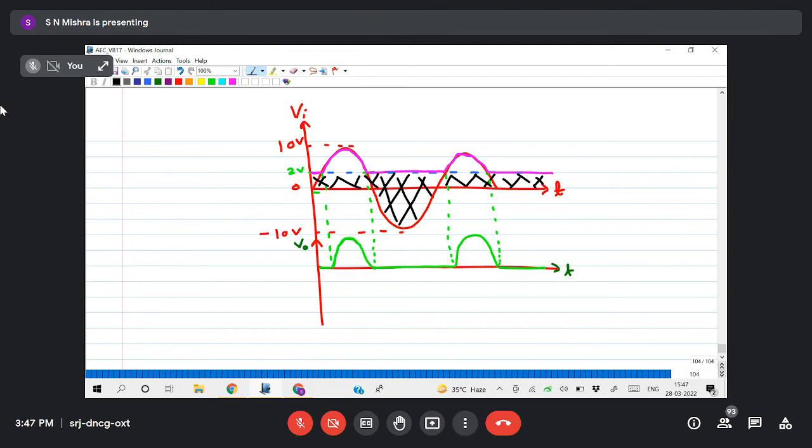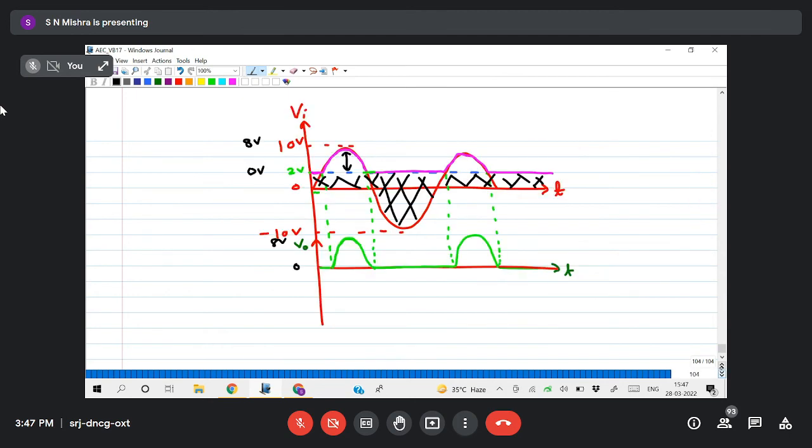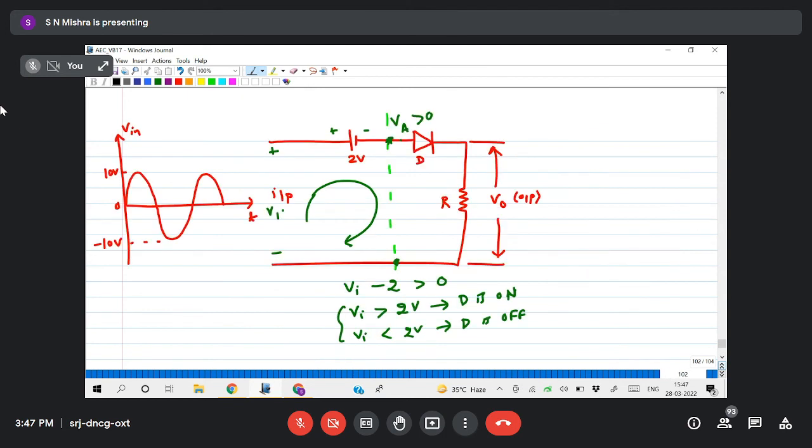So what is the voltage from here to here? 2 to 10 means how much? 8 volt. So actually in the output, 2 volt is changed to 0 volt, 10 volt is changed to 8 volt. So this is my 0 volt, this is my 8 volt. Here also, if I take Vi max as 10 minus 2, that is 8 volt. Understood?